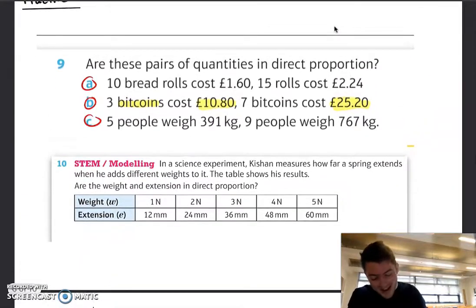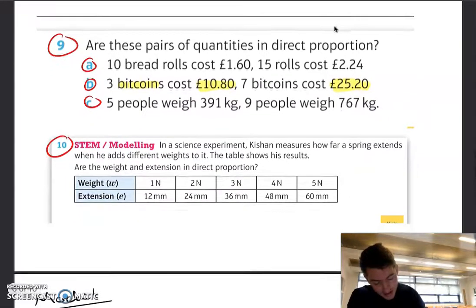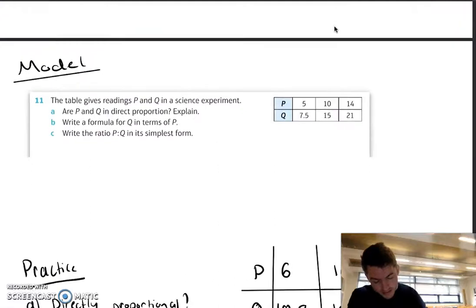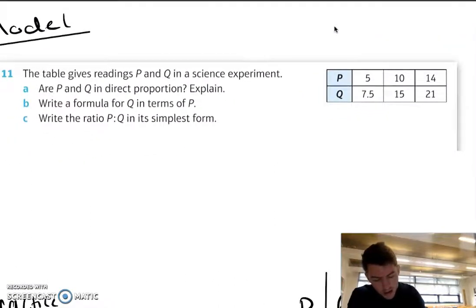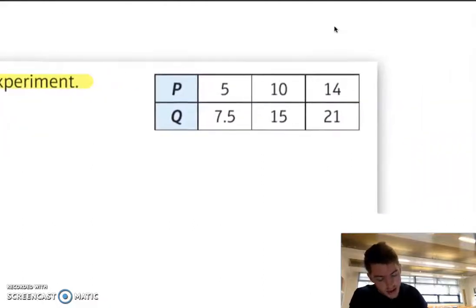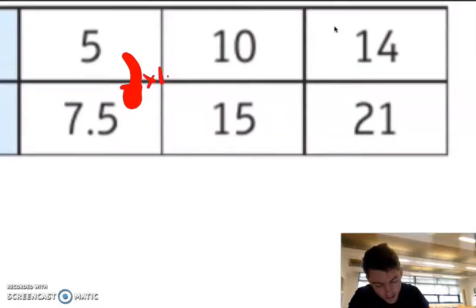So, question 9 and question 10, have a go at them, and then I'm going to show you another model. Okay, P and Q are an experiment. Are they directly proportional? Well, if I do Q divided by P, 7.5 divided by 5, you times that by 1.5.